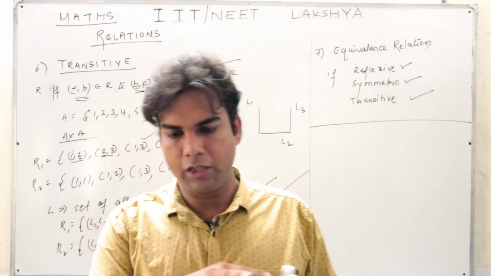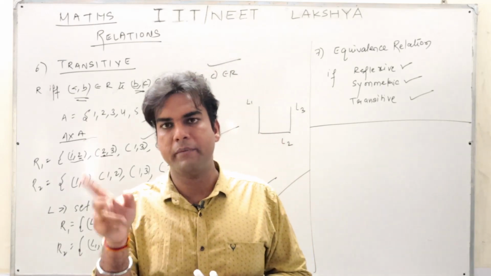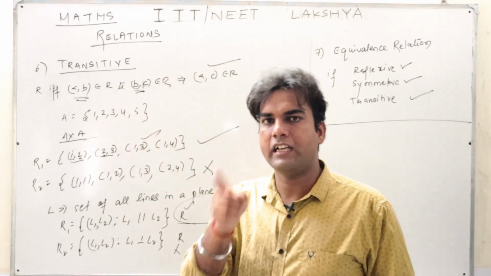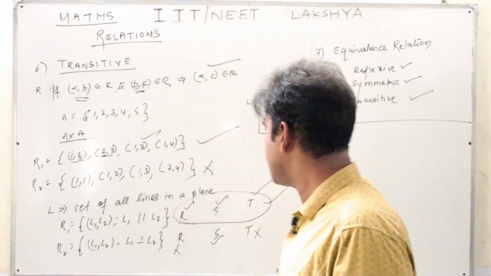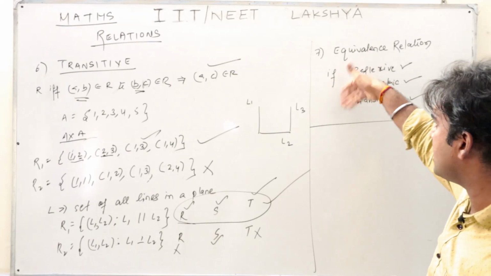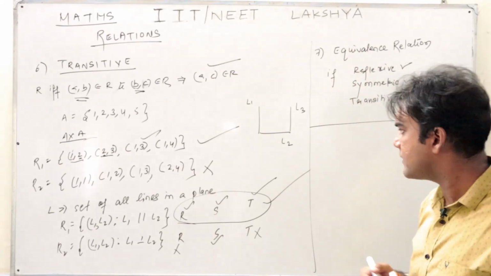Symmetric, if AB is there, then BA should be there. Transitive, if AB and BC both are there, then AC should be there. So that is as far as your transitive. And equivalence means if the relation corresponds to all the three, then we call it an equivalence relation.